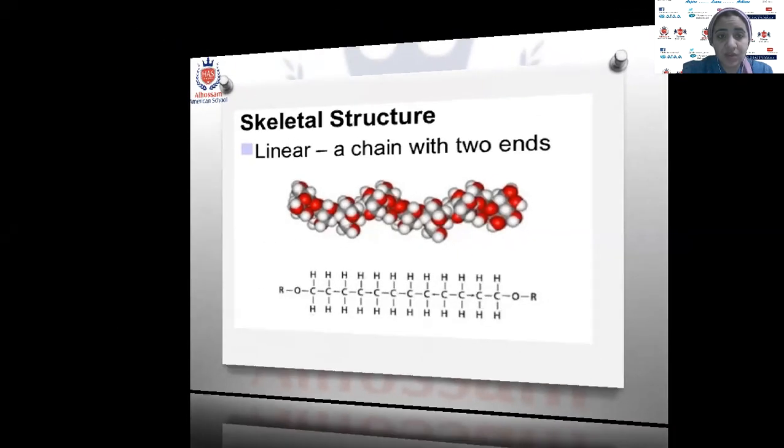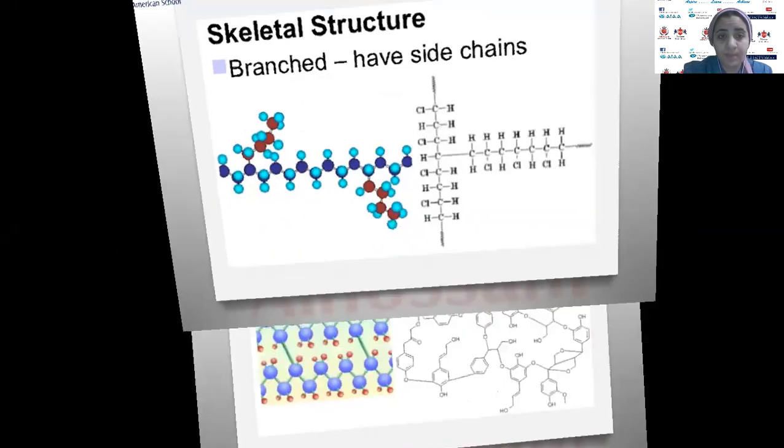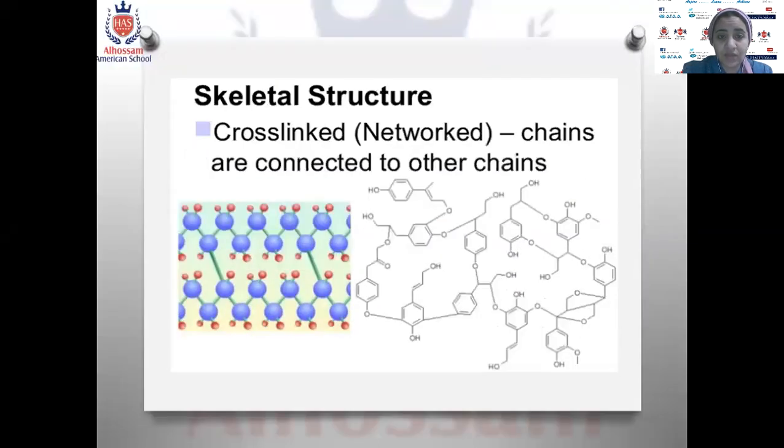And the branched structure has side chains: any linear chain that has side chains is called a branched structure. And the cross-linked structure is chains connected together through covalent bonds to form a network.